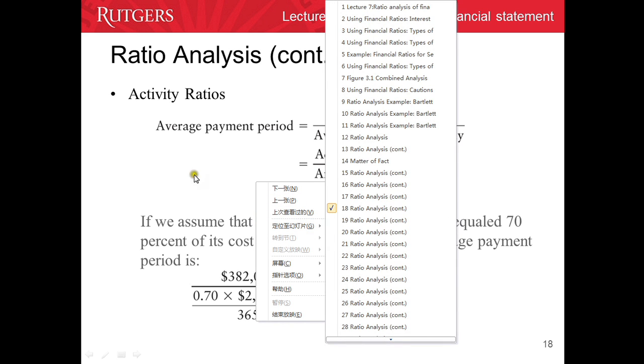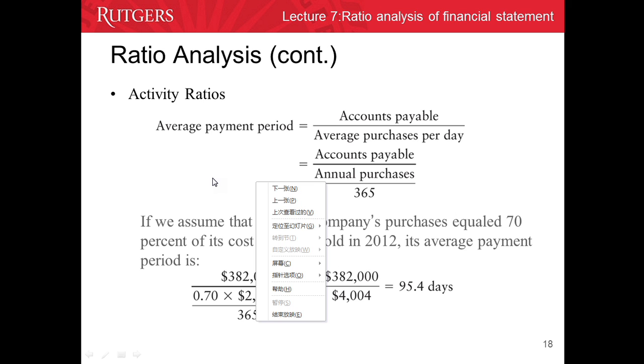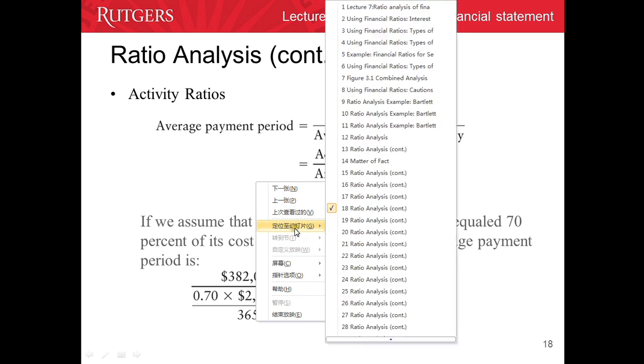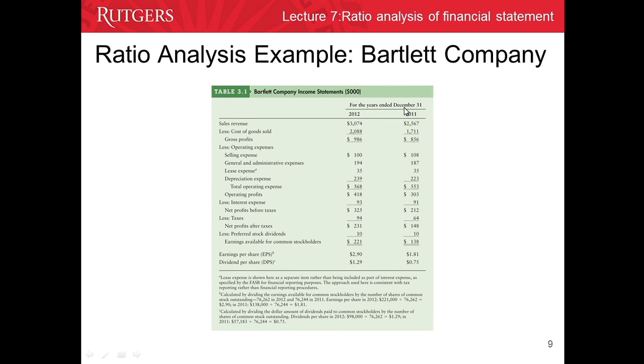First, let's calculate the annual purchases. Because we assume that the annual purchase is equal to 70% of the cost of goods sold, let's first find the cost of goods sold here in the income statement. It equals $2,088,000.